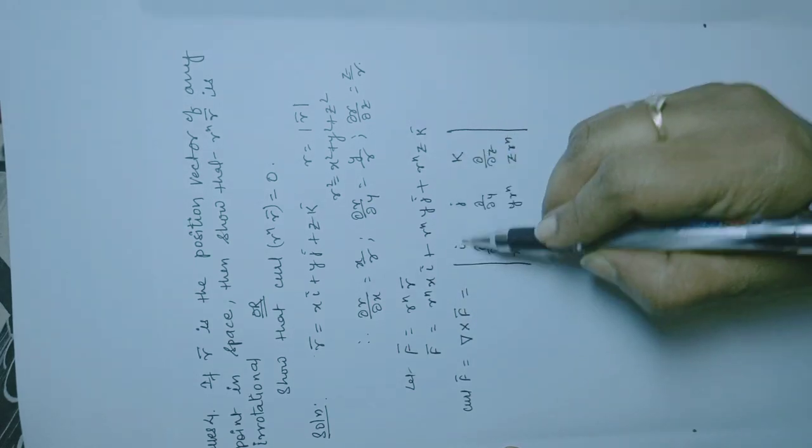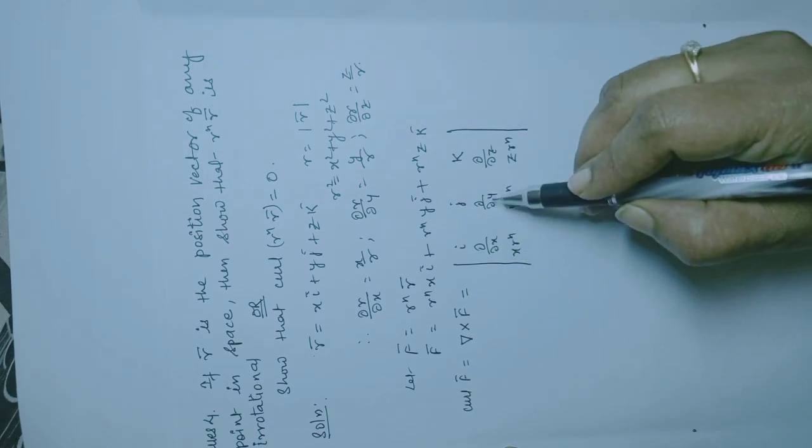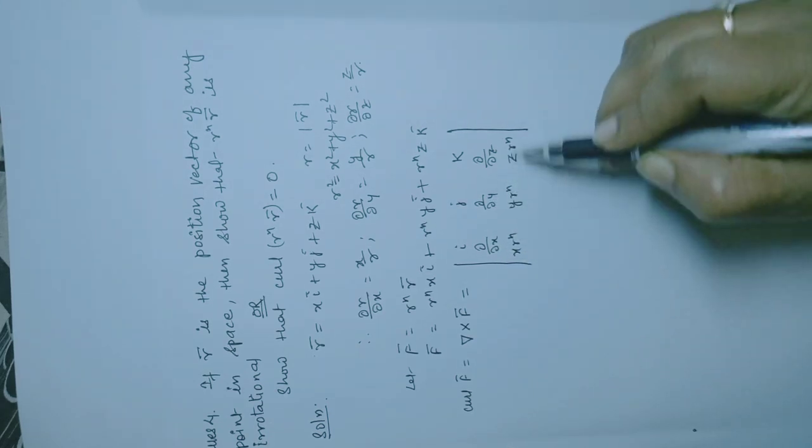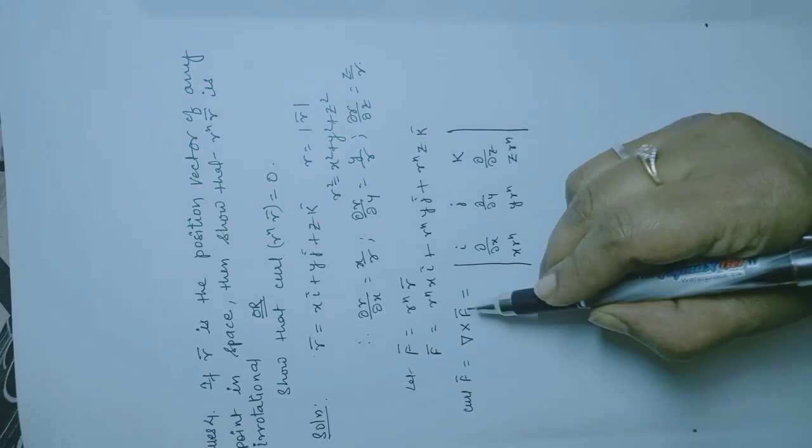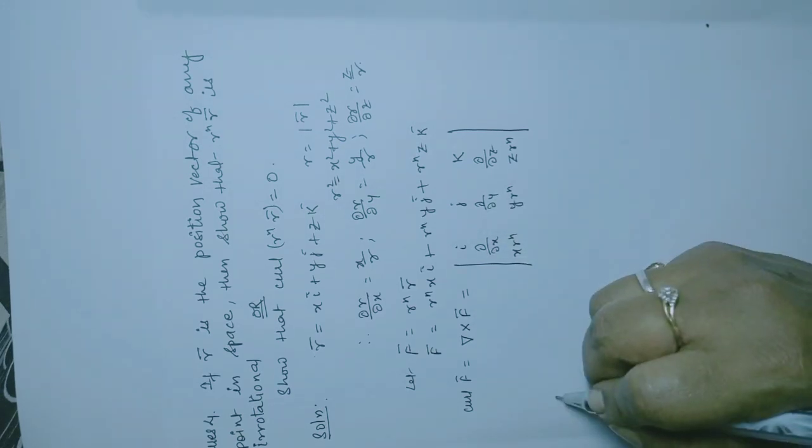This is your f1, f2, f3. So i, j, k, del by del x, del by del y, del by del z of f1, f2, f3, right? This is the value of your curl f.